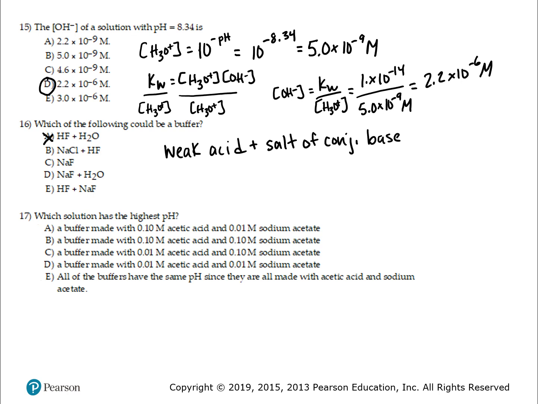Cl minus is different from F minus, so that can't be a buffer. In C, we've only got a salt, so that can't be right either. In D, mixing a salt with water is not going to give us a buffer because we have no weak acid. In E, however, you have the weak acid, the hydrofluoric acid, plus its salt, sodium fluoride. It's the only one that it can be.